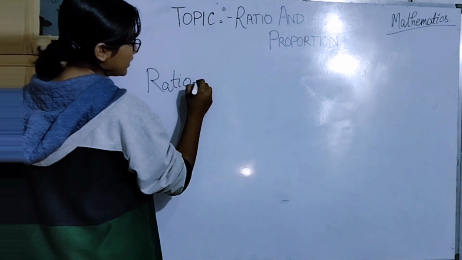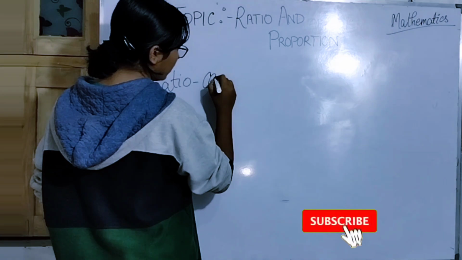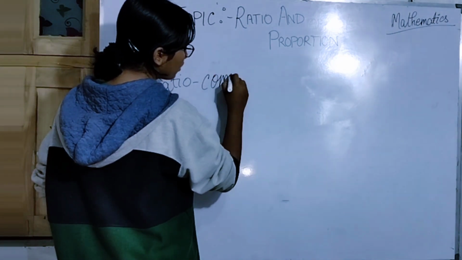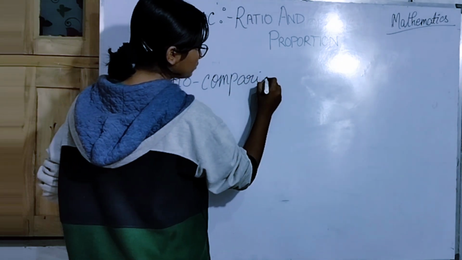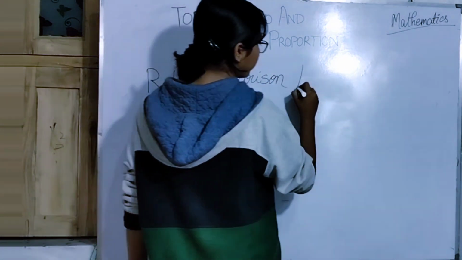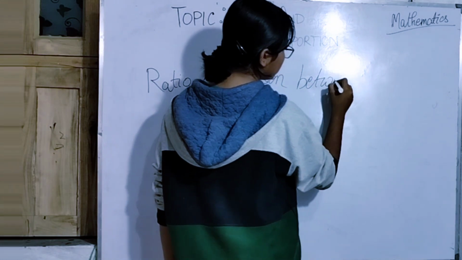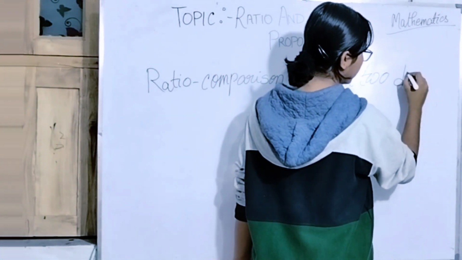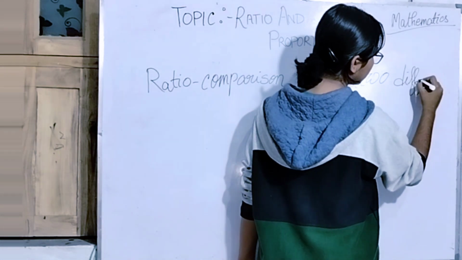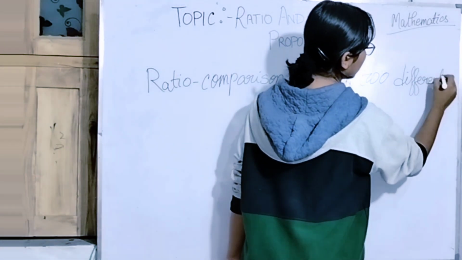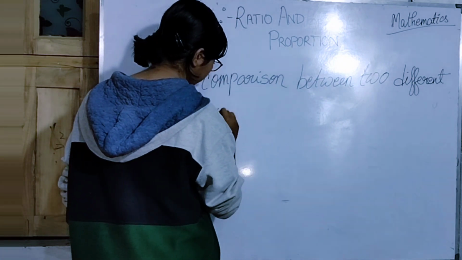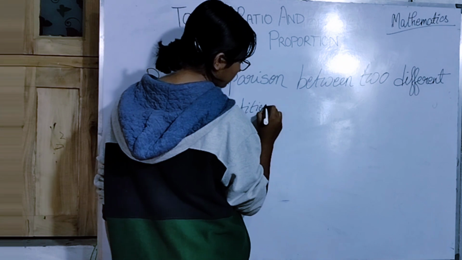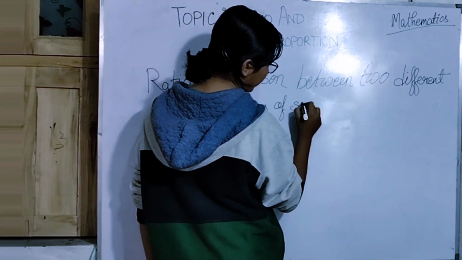A ratio is a comparison between two different quantities of same kind.